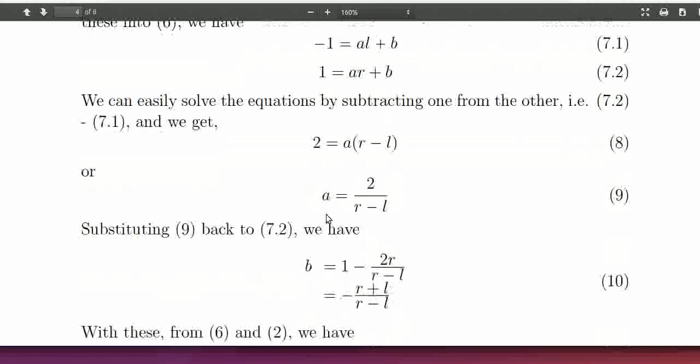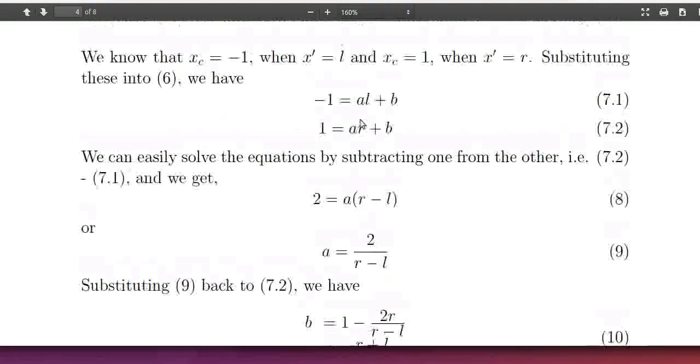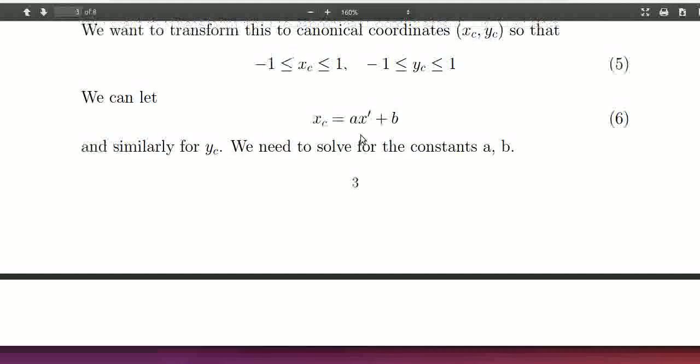So we get A equals 2 over R minus L, and substituting this back, we get B equals 1 minus 2R over R minus L, which is equal to minus R plus L over R minus L. Then we substitute this A and B back into the equation, and x dash into here.